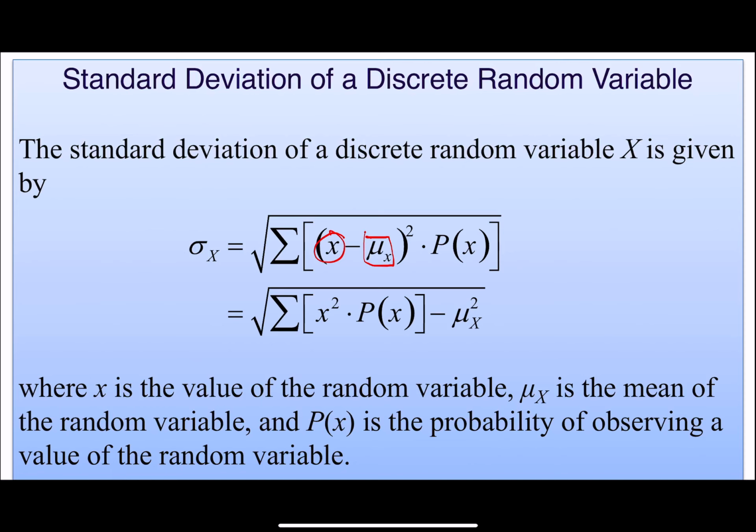Square it, multiply it by the probability of the thing happening, and then you add all of those together. Once you do all of that, you take the square root. We're going to talk about this in a second, and I'm hoping you'll be able to see exactly how we do this.